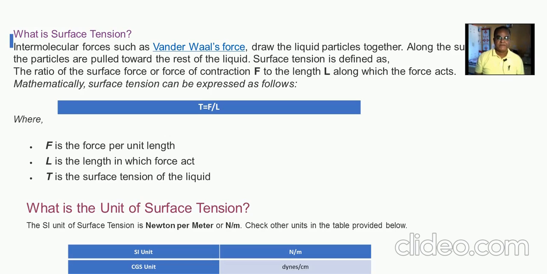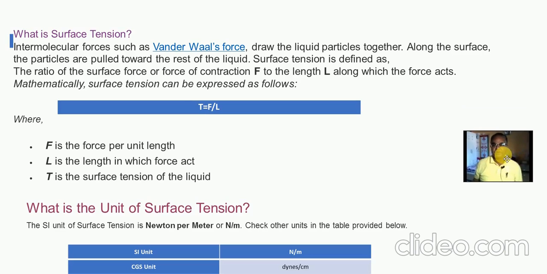As we consider the particular word surface tension, the ratio of surface force or force of contraction F to the length L is known as surface tension.